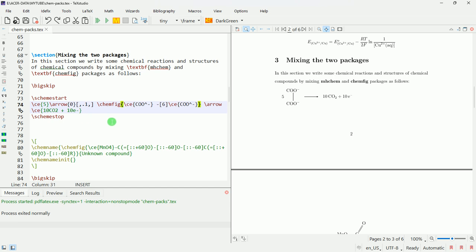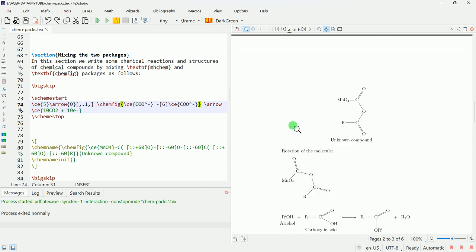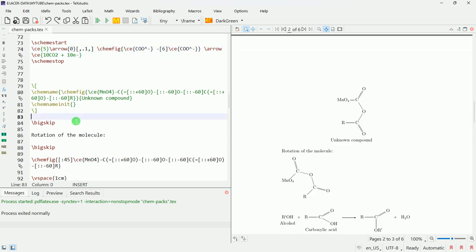Okay. Then another beautiful thing is here, look at this particular molecule. It starts with this line MnO4 to C, and then other part of the molecule is going down like this, and oxygen O is going up like this. So these are actually angles. This double colon mark is 60-degree positive angle, and this is relative angle relative to this bond.